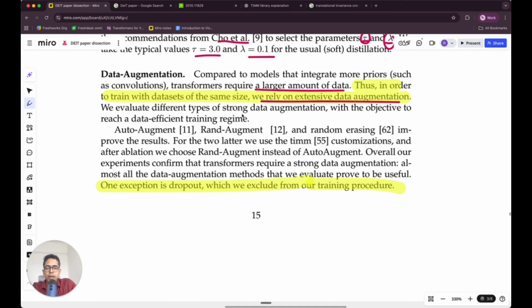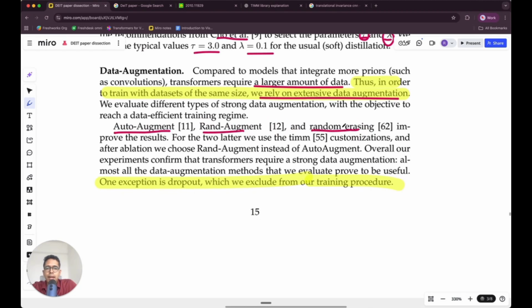We evaluate different types of strong data augmentation with the objective to reach a data efficient training regime. So they use AutoAugment. We don't have to go into exact details of the augmentation techniques unless we are interested in implementing this. RandAugment and random erasing improve the results. For the latter two, we use TIM customizations, and after ablation, we choose RandAugment instead of AutoAugment.